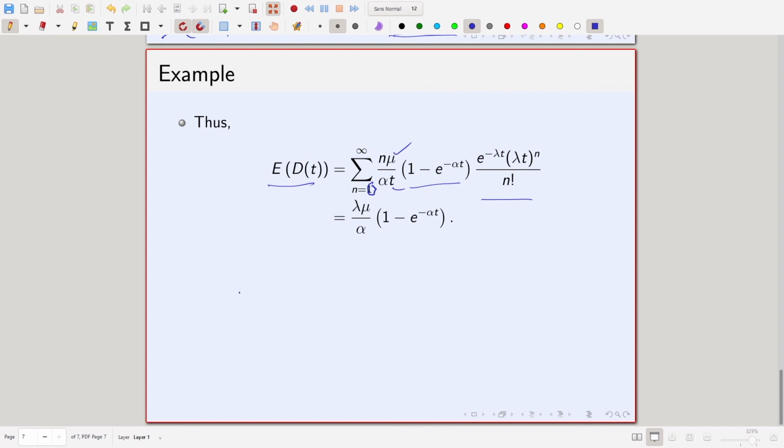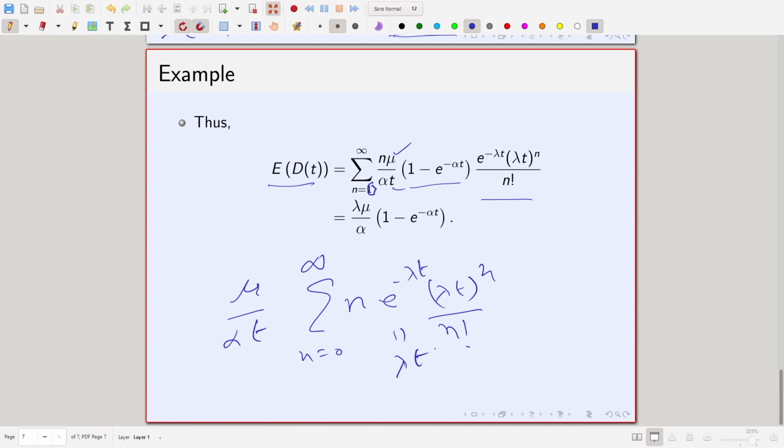So what you get is just mu over alpha t times the summation n running from 0 to infinity of n e to the power minus lambda t, lambda t to the n over n factorial, but that's simply the expectation of a Poisson random variable with parameter lambda t. We know that the expectation of a Poisson random variable with parameter lambda is just lambda. So here the parameter is lambda t, so the expectation is lambda t.